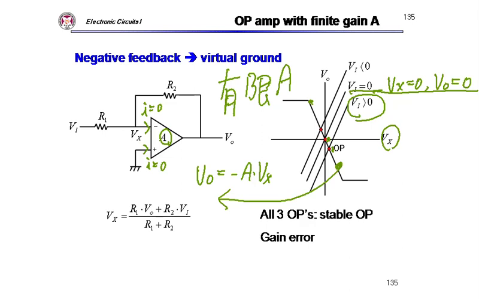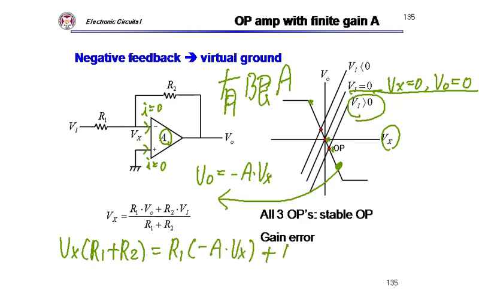Then I will substitute this into here. So what's my Vx? My Vx times R1 plus R2 should be R1 VO, and VO is minus A Vx plus R2 Vi, right?